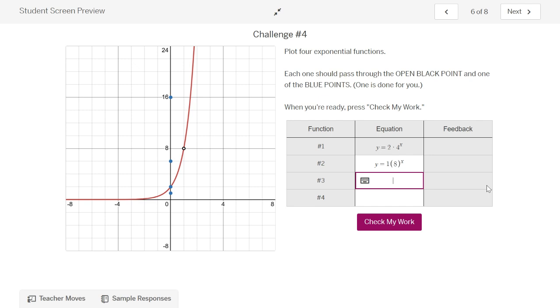The next one, so right here. What's the y-intercept there? Or what y value is that y-intercept at? Look at yours, guys. It's at 6.